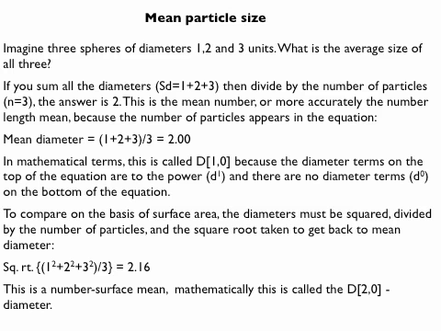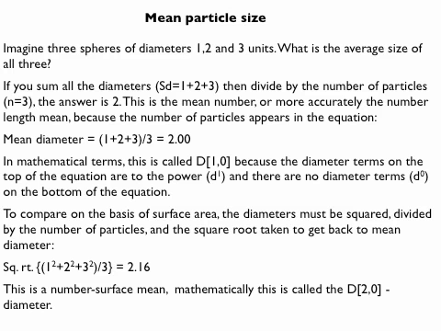So in that respect, they use the surface area rather than the diameter to calculate the mean. They do 1 to the power 2 plus 2 to the power 2 plus 3 to the power 2 and divide it by the total number of particles. And they come up with a different number, 2.16. So the number surface mean is D[2,0] in this particular case.